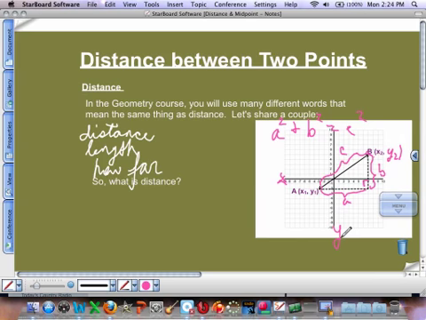So the change in my horizontal, represented by a, is the final minus the original. If I'm going from A to B, my original is x1 and my final is x2. So how do I find the distance between them? x2 minus x1.